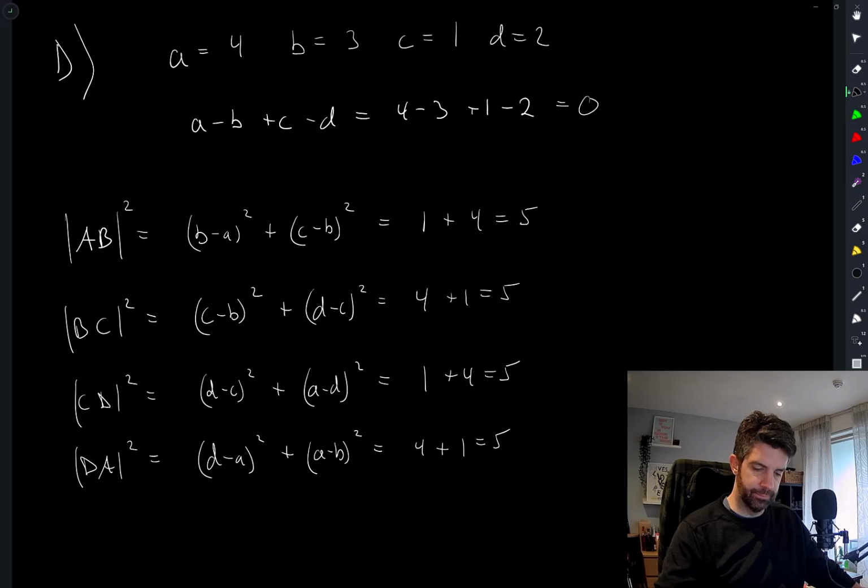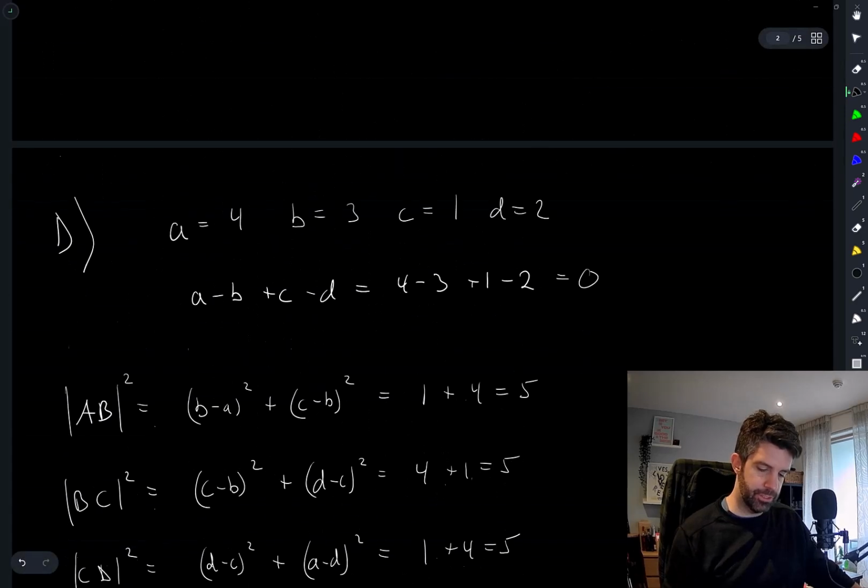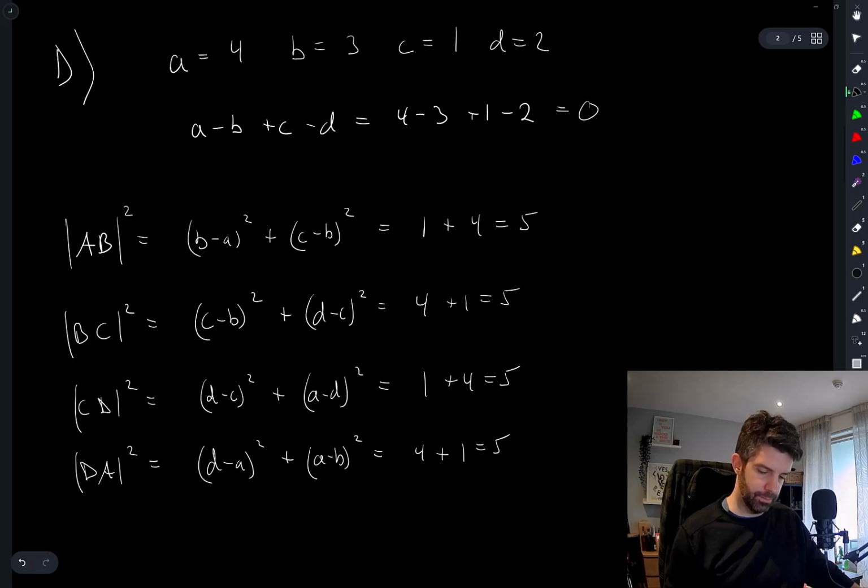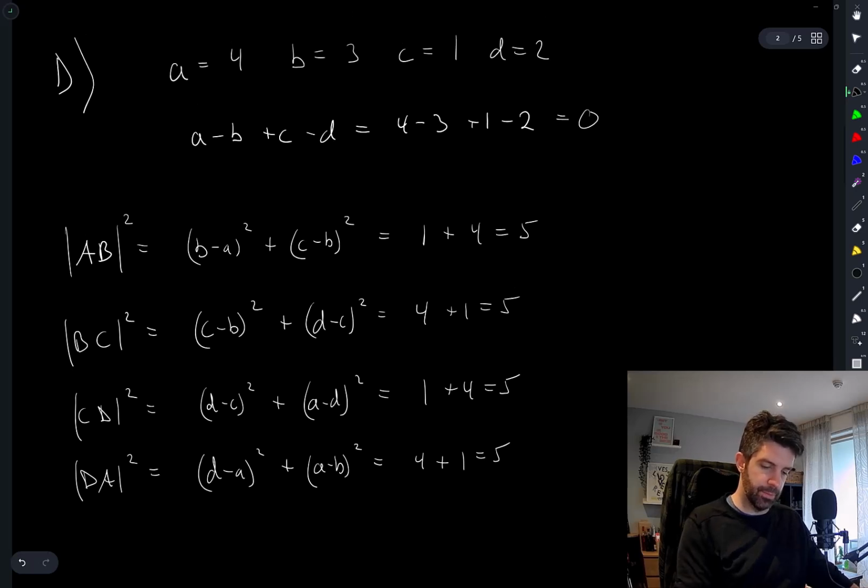Let's do this with different numbers. Let A be equal to 8, B is 3, so that's a difference of 5. So I need this to be 6.